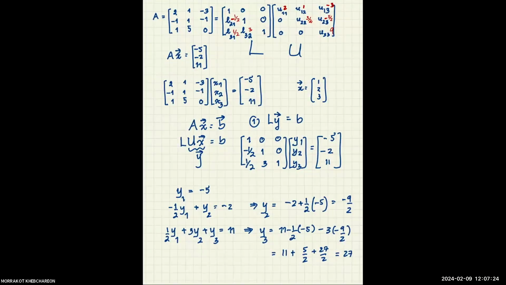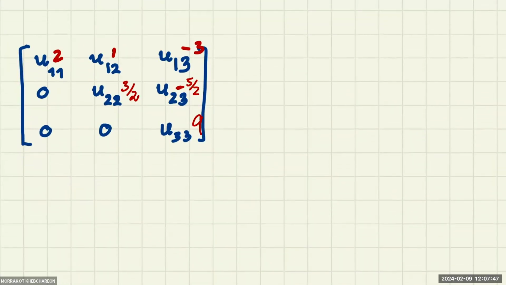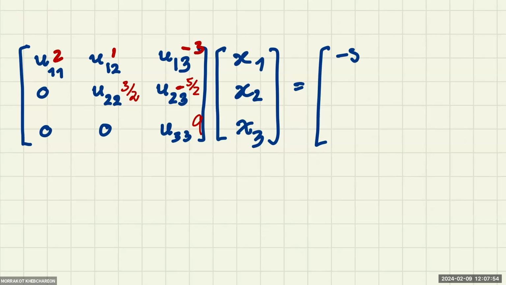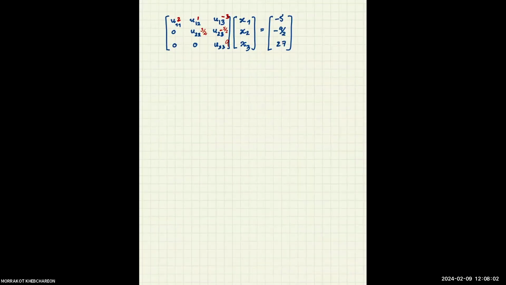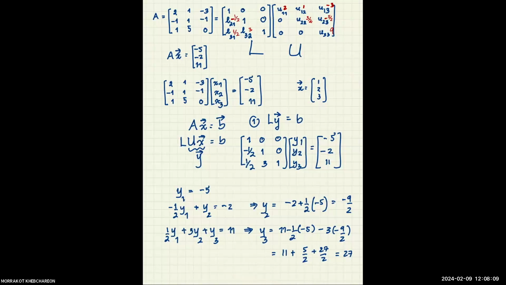The next step you solve Ux equal to y. So this is your y, right? You get y1 is -5, y2 is -9/2, y3 is 27.